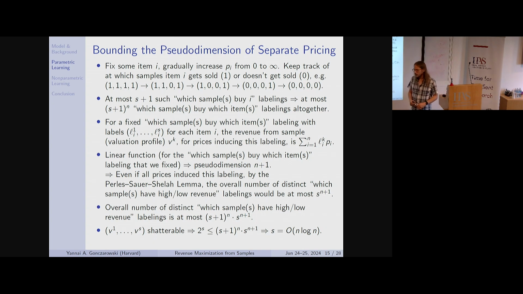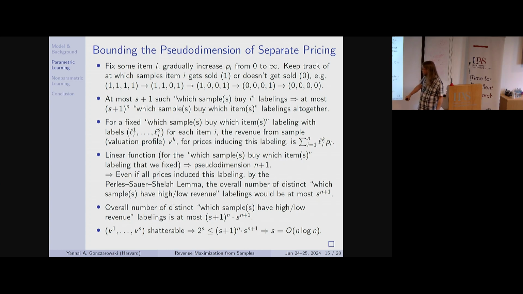Where's the lowest? Here it is. So could you explain again where the two multipliers come from? S plus 1 to the n is here. It's the number of intermediate labelings we move to. S to the n plus 1 is this one.